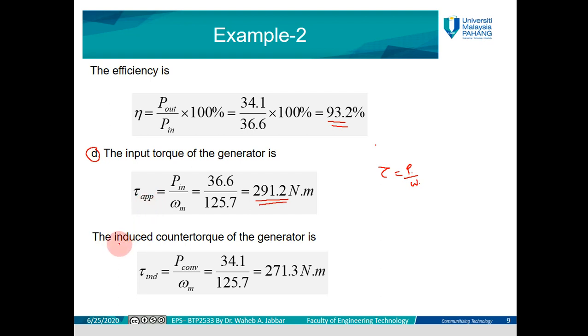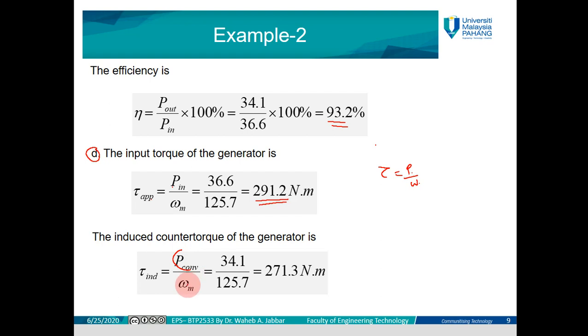Okay, when we talk about the induced torque, we need to consider only the P converted, not the P input. We consider the P input when we calculate the applied torque, but for the induced torque, that means the torque converted from the rotor to the stator windings, or from mechanical to electrical power, we need to consider only the P converted.